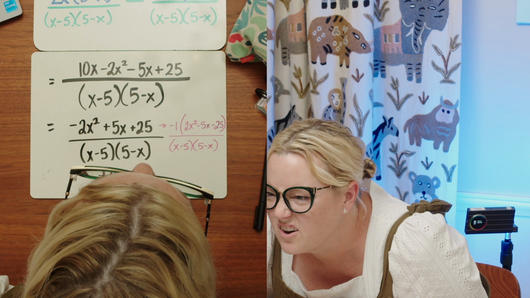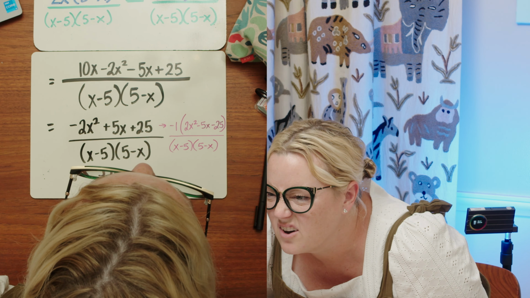It's kind of hard to see. Sorry about that. I'm completely running out of dry erase board. Oh no, what happened to the 10x? The 10x is here, but I combined it, 10x minus 5x, which gave me that positive 5x.